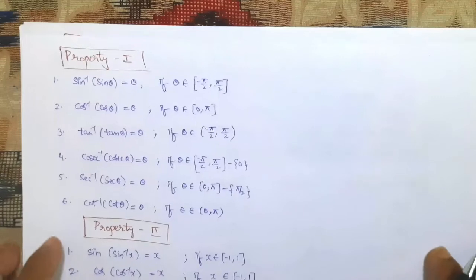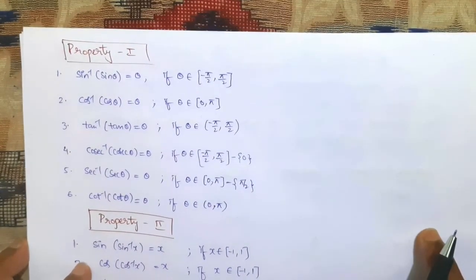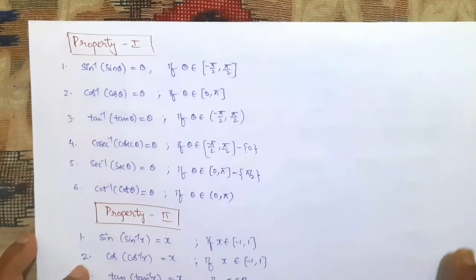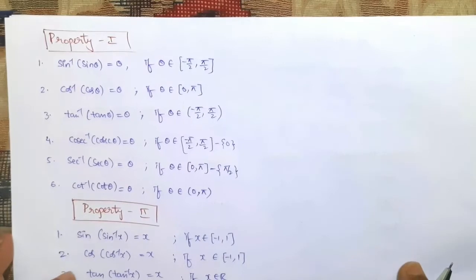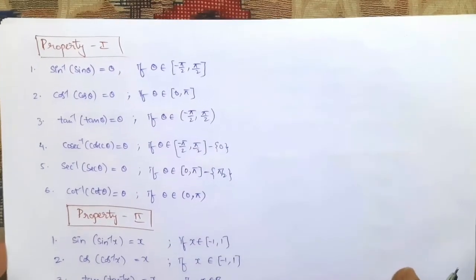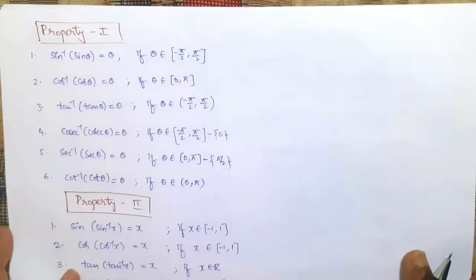Next, with that table which contains the domain and range of the 6 trigonometric functions after restriction, we have some 8 properties which are very important. Without learning and remembering these properties, you cannot solve any type of problem. In this session I will discuss 25 questions.